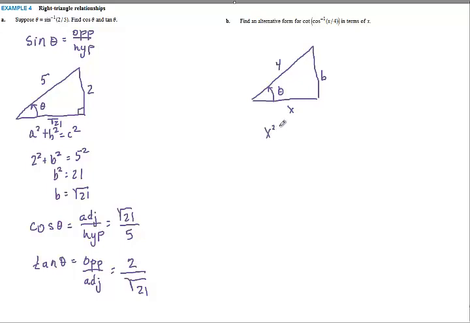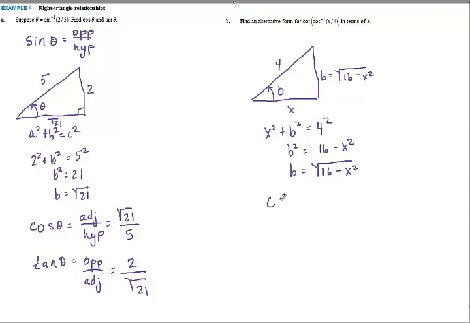X squared plus b squared equals 4 squared. B squared equals 16 minus x squared. B is equal to square root 16 minus x squared. So this b is then square root 16 minus x squared.